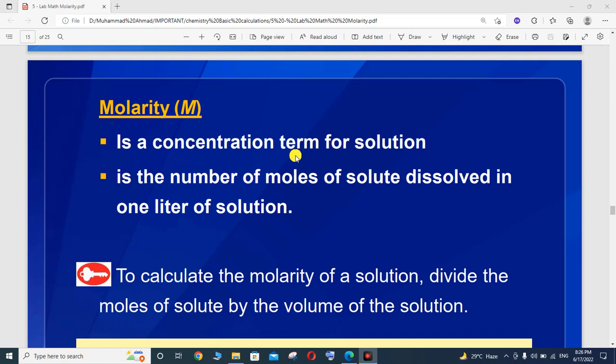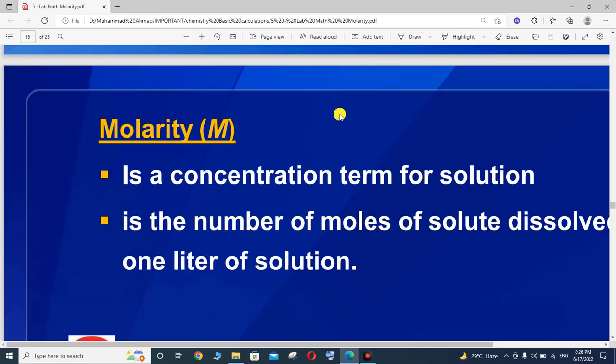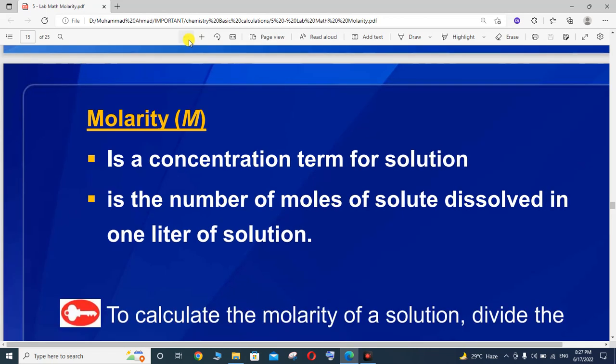Molarity can be defined simply: it is the concentration term for solutions. It is the number of moles of solute which is dissolved in 1 liter of a solution.